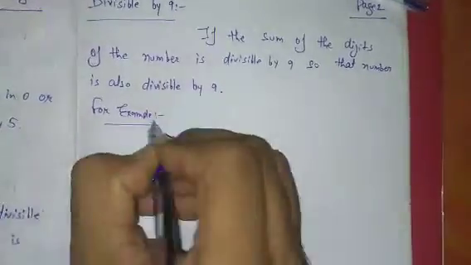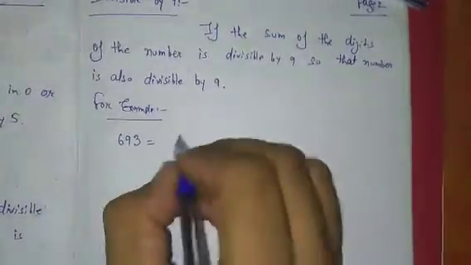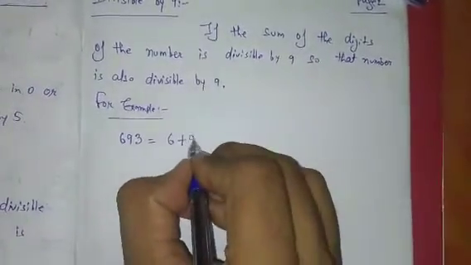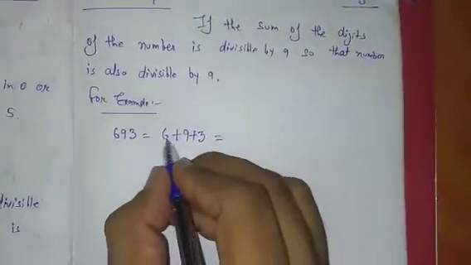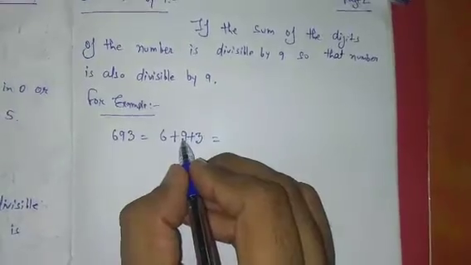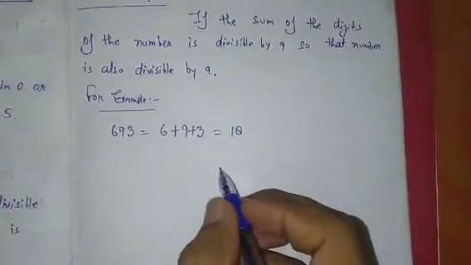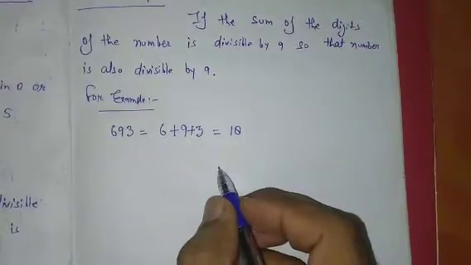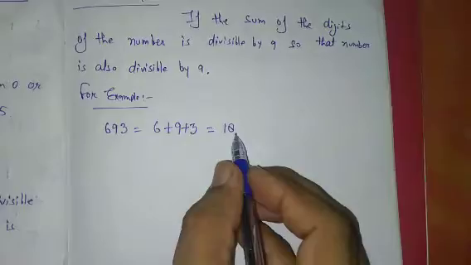For example, I want to take one example here. Example is 693. Here the digits are 6 plus 9 plus 3. When we count it, 6 plus 9 is 15, 15 plus 3 is 18. As you know, 18 is easily divisible by 9, 9 twos are 18. So it means that 693 will also be divisible by 9.